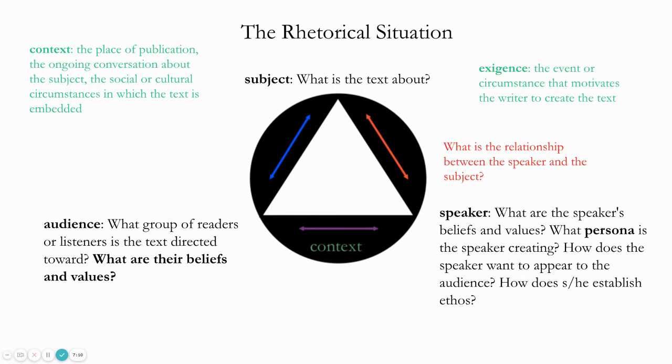So the more important sides are the ones that have to do with the audience's relation to the subject and the speaker. In terms of the subject, this is really what you want to look at for beliefs and values. What is the relationship between the audience and the subject? So it's not just what are their beliefs in life, what are their values in life. That's important, but more important is their beliefs and values in relation to the subject, because that's actually all you really can know and think about.